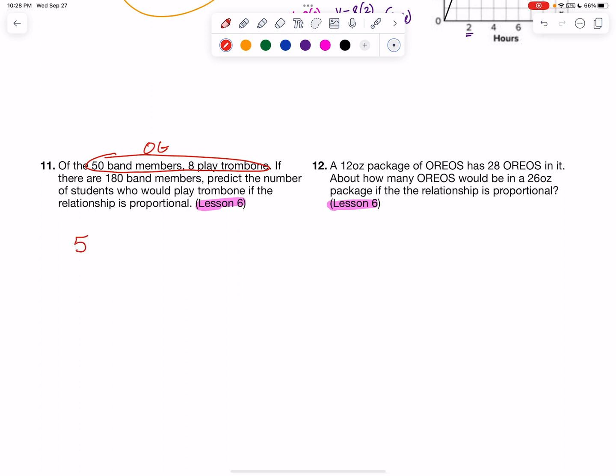So 50 band members, 8 trombones, set it equal to what we're trying to predict. So put in your 180 band members, and this is your X, the amount of trombones.